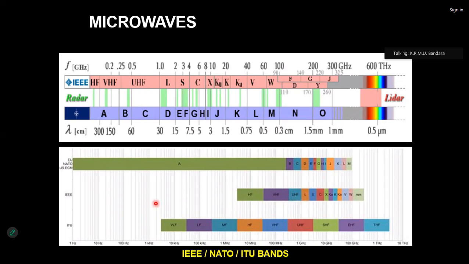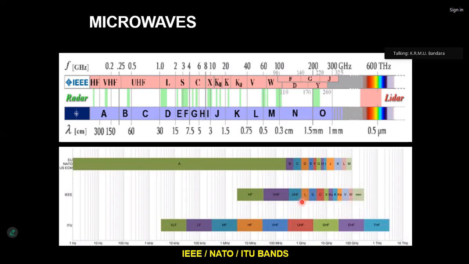What is L in the IEEE is equal to the D in the NATO, and UHF is equal to the NATO band here. Okay, you can see normally in the radar remote sensing we are using this kind of bands LSCX K, but B and W and the millimeters are not using.